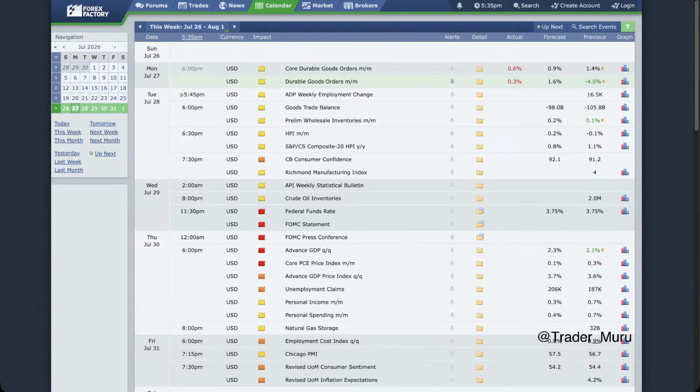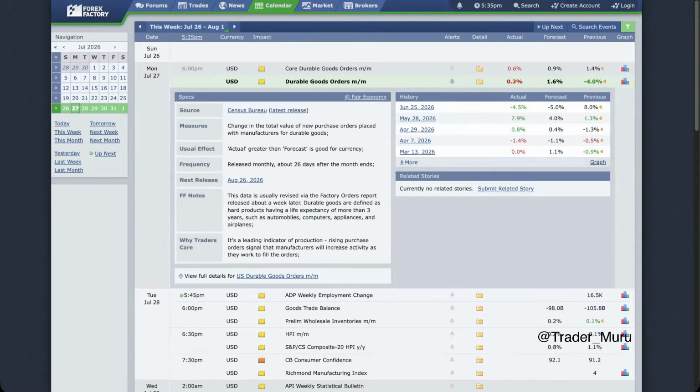If you don't know how news will affect, just go on Forex Factory calendar and click on that folder button, it will give you the usual effect. Actual greater than the forecast is good for the currency. As it is good for the currency and you are watching USD, then watch for whether it is in favor of gold. Okay, right now it is in favor of gold, bullish.